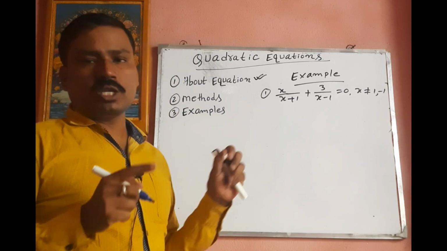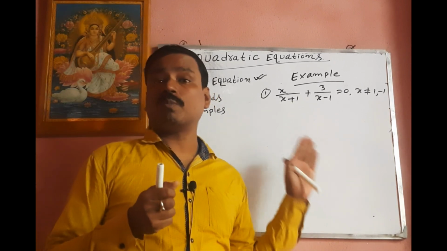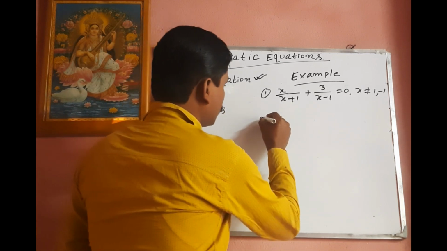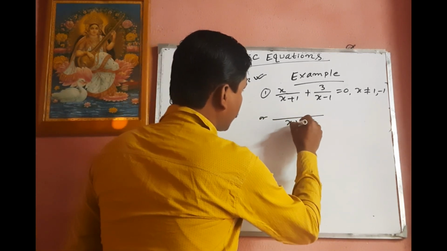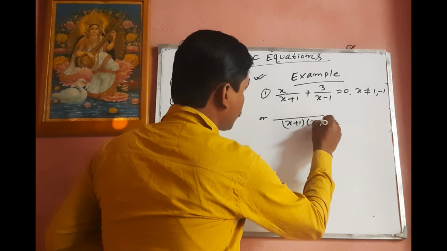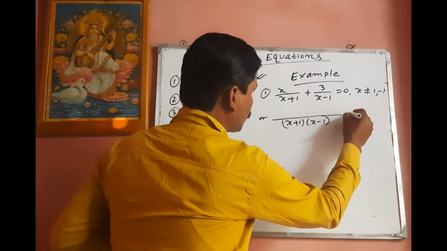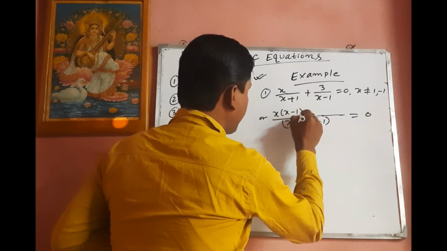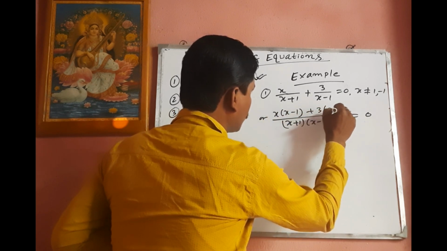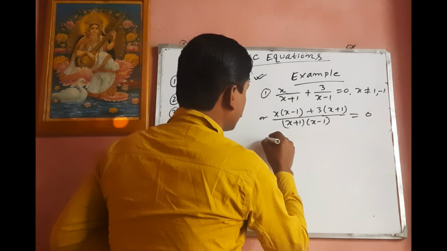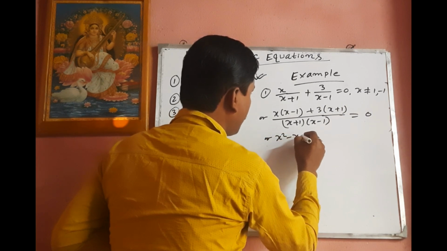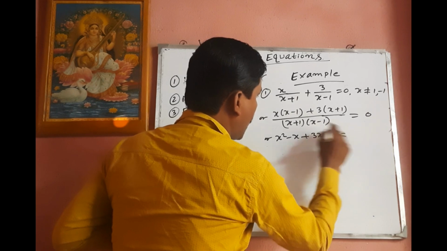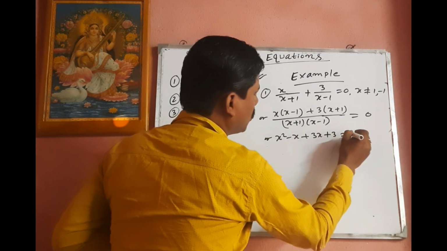When these types of equations are given, then this must be converted into the standard form, that is x square minus x plus 3x plus 3 is 0.